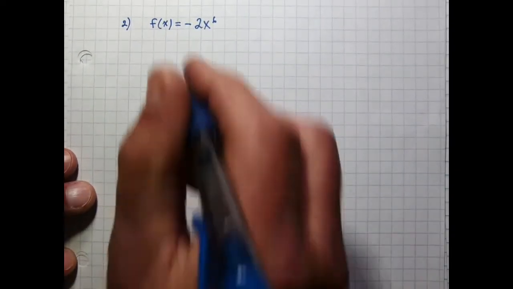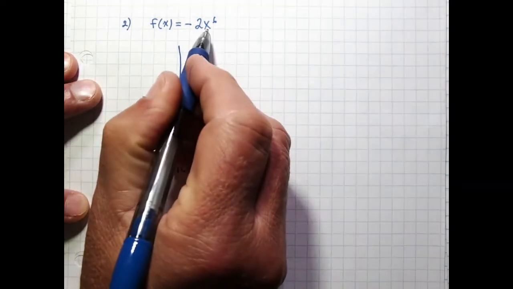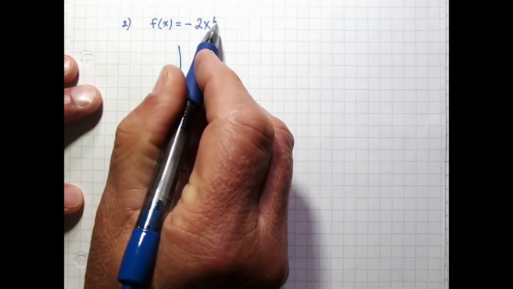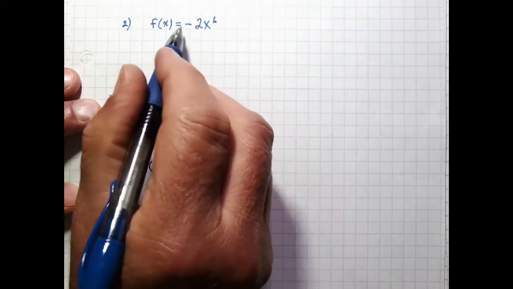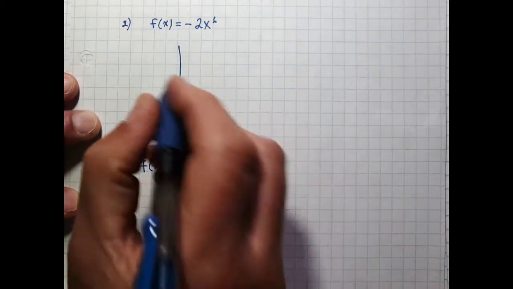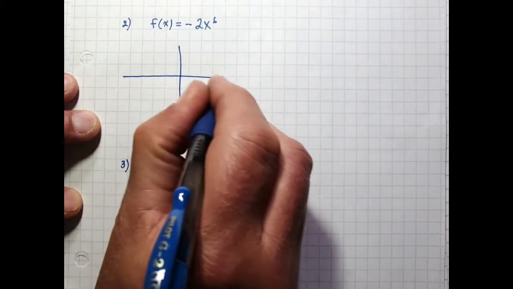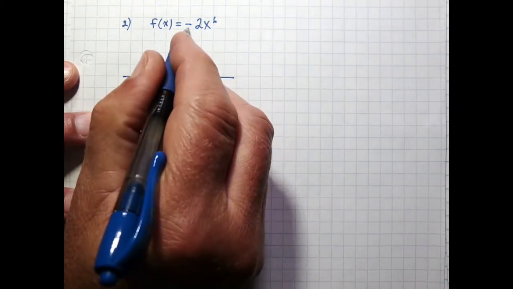Okay, exercise 2. All right, now I have, again, an even power of x, but the coefficient here is negative 2, and it's really that minus sign that we have to pay attention to. The effect of that minus sign is that we're going to reflect through the x-axis.